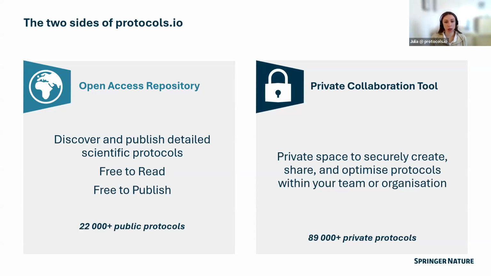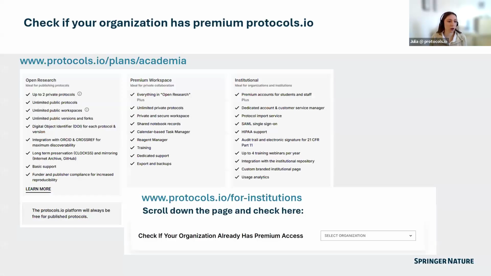So as I'll show on the next slide, the open access public side of protocols.io will always be free, but to take full advantage of the private collaboration side of protocols.io, some organizations have a premium license. And so if you go to protocols.io/plan/academia, you can see the differences between the different options.